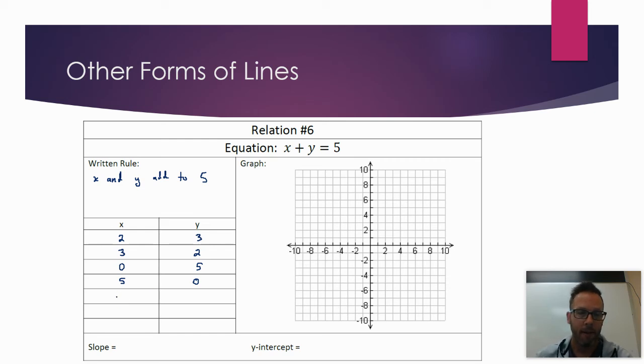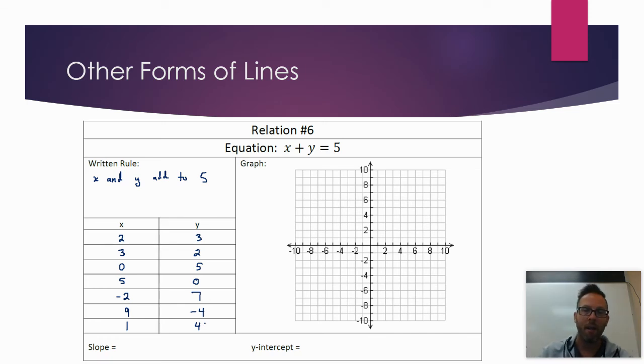I'm going to mix it up. If x is -2, well, -2 plus 7 gives me 5. That works. If x was 9, I'd have to do 9 take away 4, or 9 plus -4. So 9 and -4 would work. And I anticipate many of you probably used 1 and 4 as a combination too. But we don't need to find every single point. In fact, it'd be impossible.